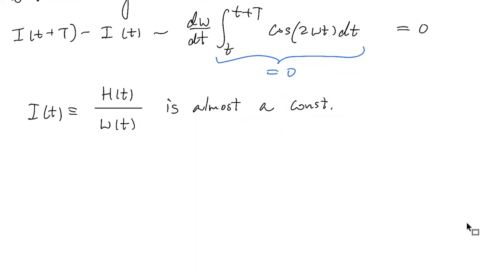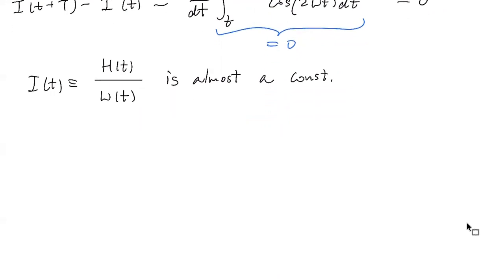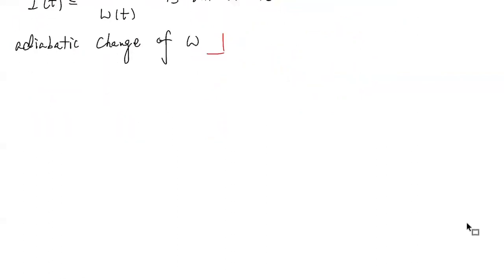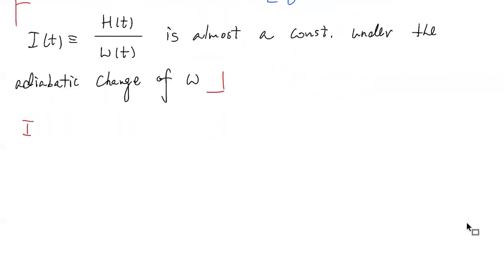Not rigorously, but approximately a constant under the adiabatic change of omega, right? So we call this I the adiabatic invariant.